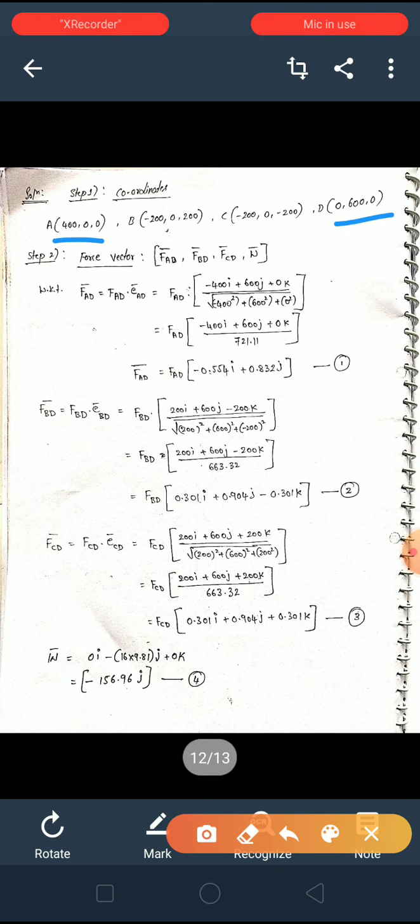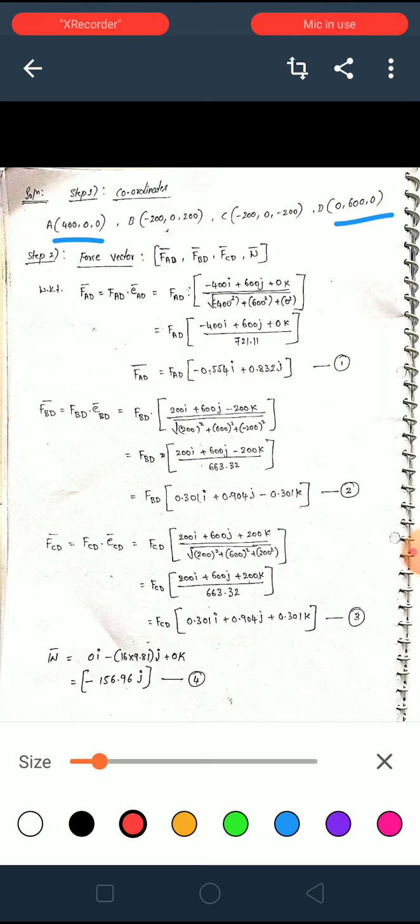Okay, it is XD minus XA, YD minus YA, ZD minus ZA in the numerator, correct? So once again I am not going to explain this point because in the previous lecture I explained all this basic. So let's start.